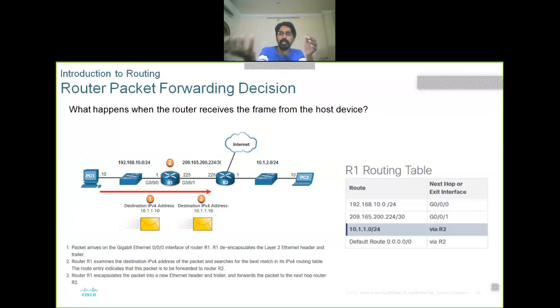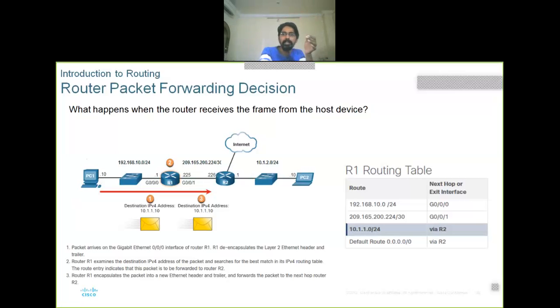Like that, a router maintains a routing table. Routing table means, for a router interface or port, the IP address is stored. Whatever system is connected, that network address or IP address is stored.